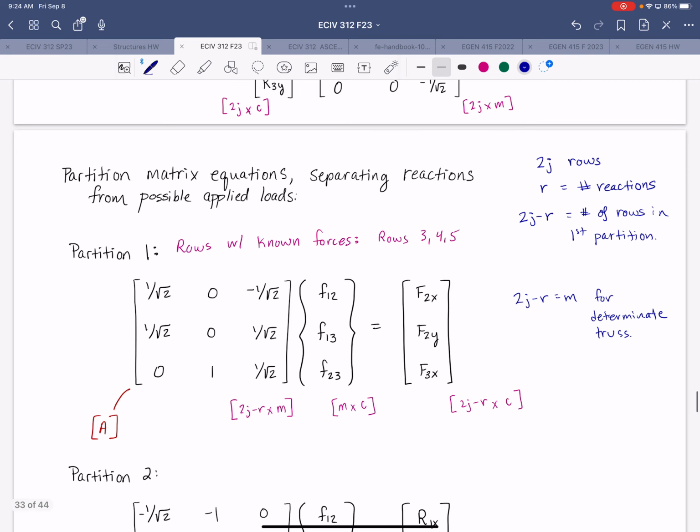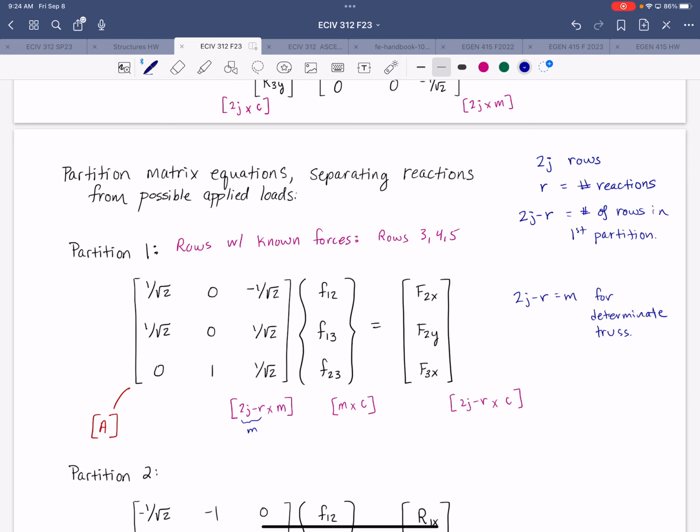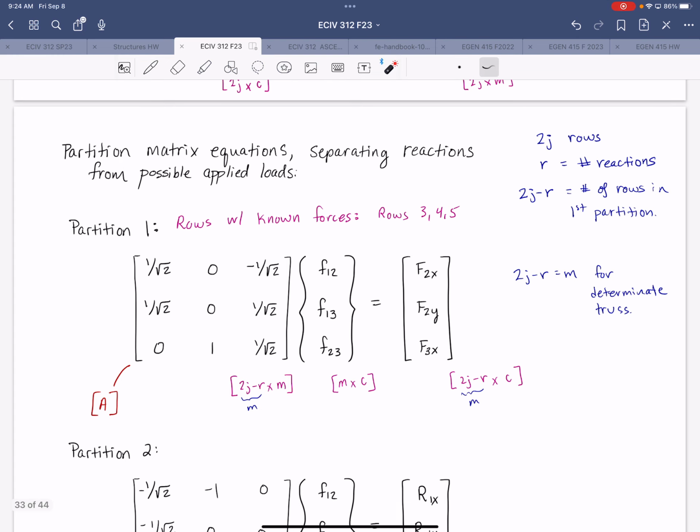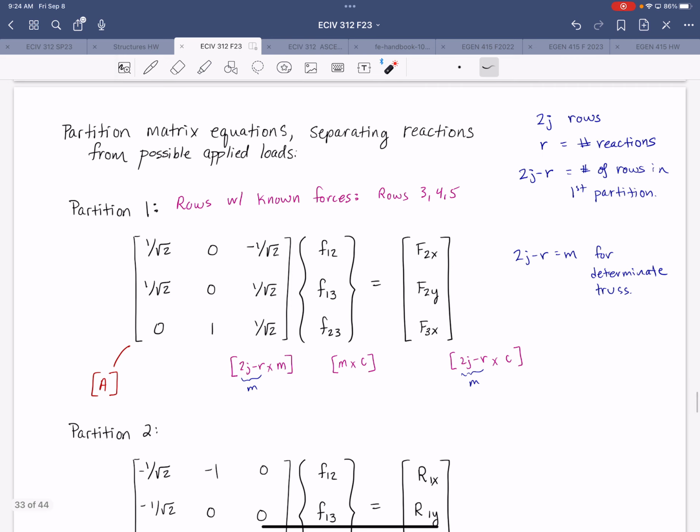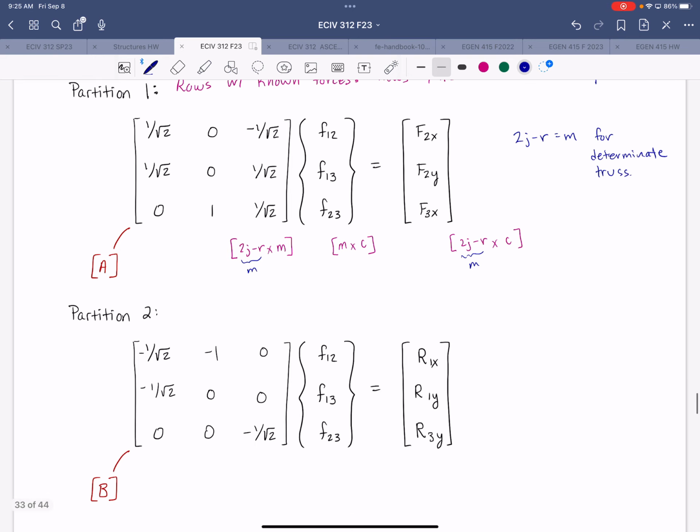And since we started out with a determinate truss, we have a square first partition, all right? So I'll note that this first partition is square.